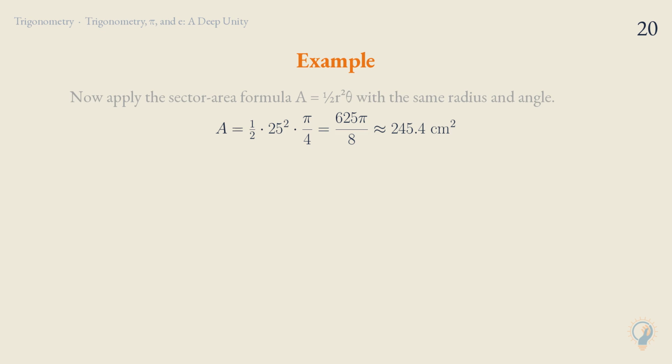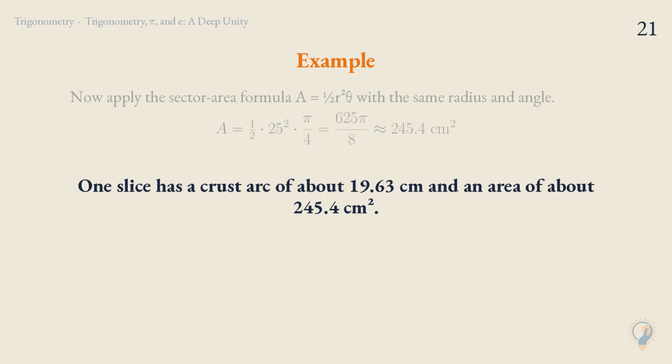A equals 1/2 times 25 squared times pi over 4, which is 625 pi over 8, approximately 245.4 square centimeters. One slice has a crust arc of about 19.63 centimeters and an area of about 245.4 square centimeters.